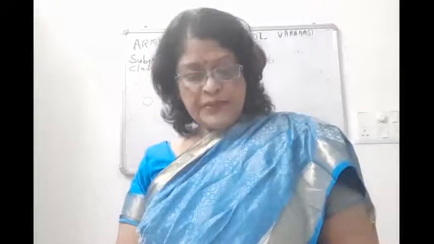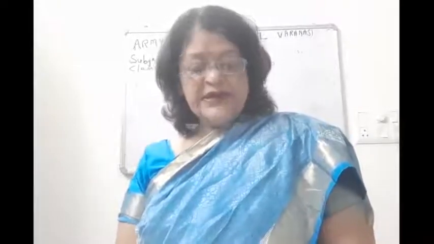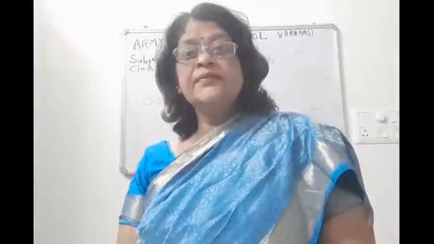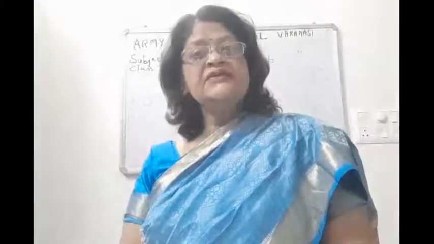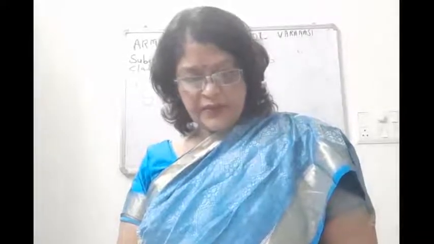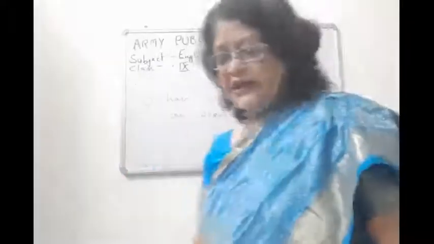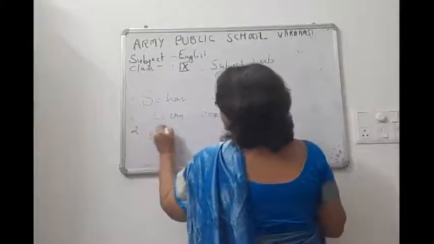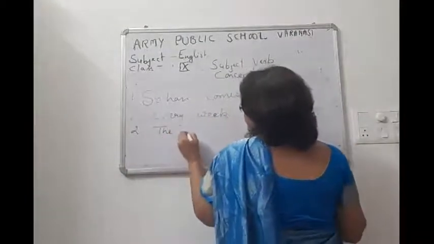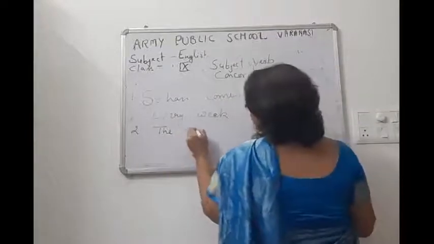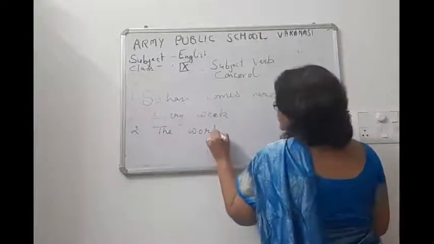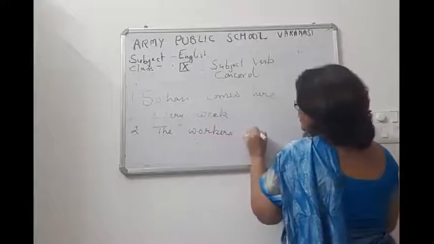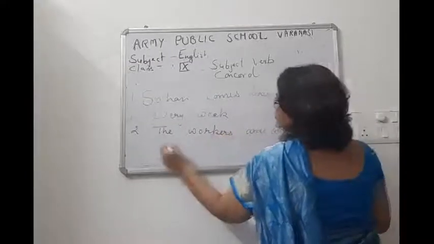So rule number 1 is, you can write it: a singular subject takes the verb in the singular, and a plural subject takes the verb in the plural. Like my second sentence, the workers are on strike.